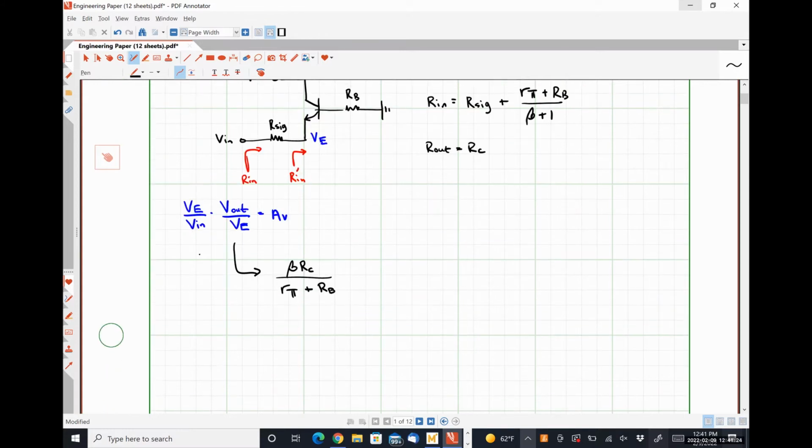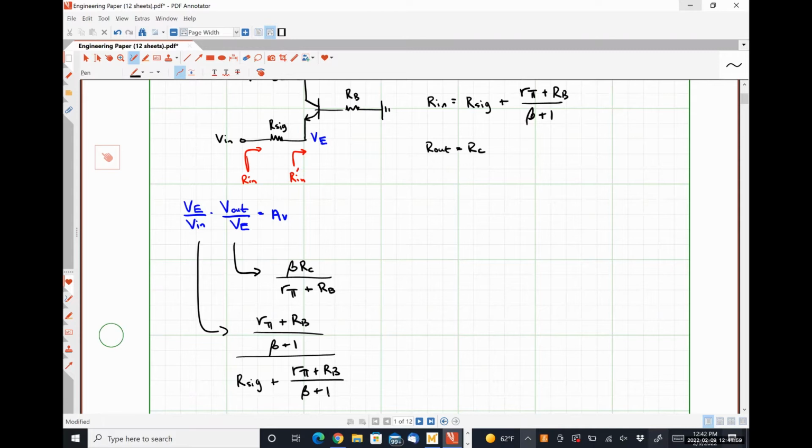So that means this relationship is (R pi plus RB) divided by (beta plus 1), all over R sig plus (R pi plus RB) all over (beta plus 1). Okay.